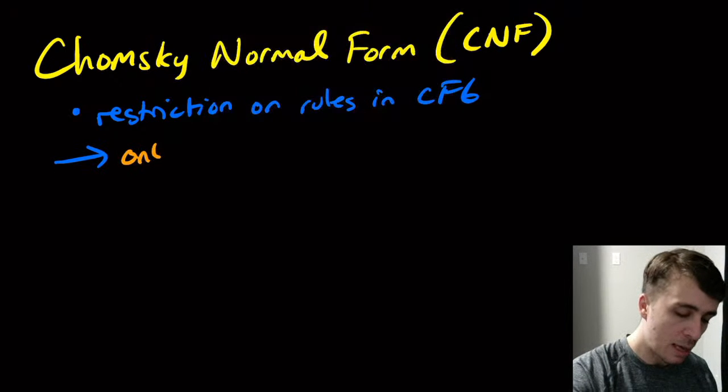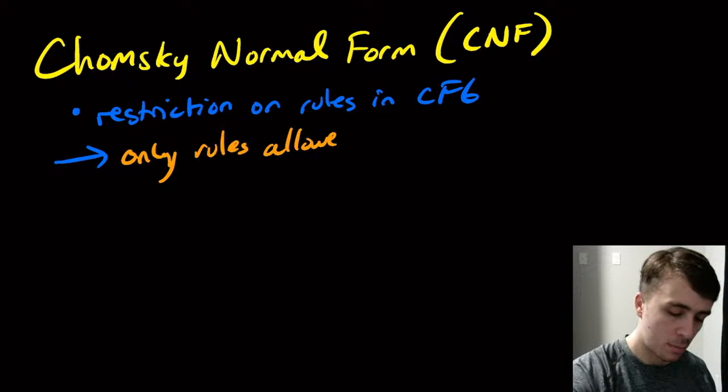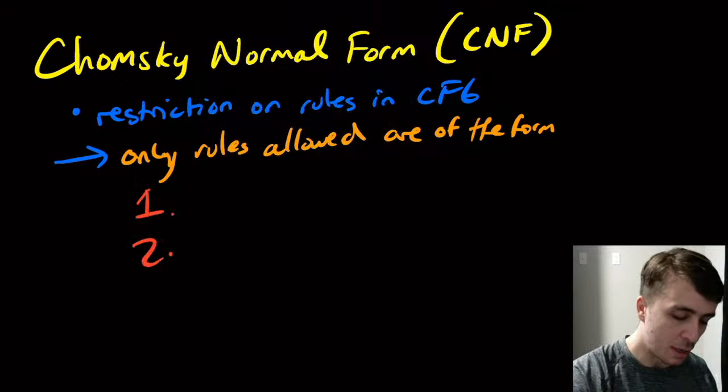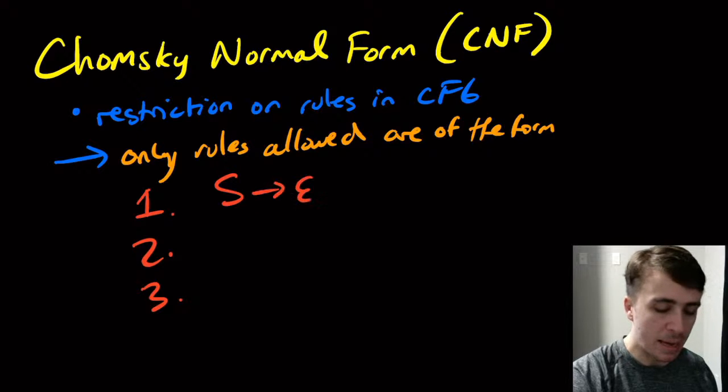So the only rules allowed are of the form, and there are only 3 possible types of rules that you can have here. The first is having the start variable make the empty string.